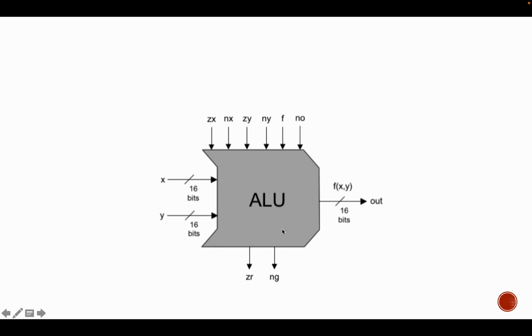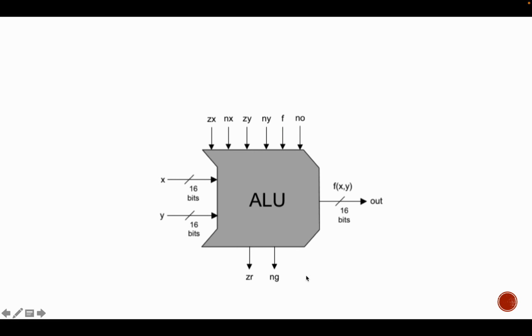As for the outputs, the main output it produces is a 16-bit output, whereas we also have two more outputs. These outputs are only one bit, same as the ones from the top. ZR and NG are only one bit each.